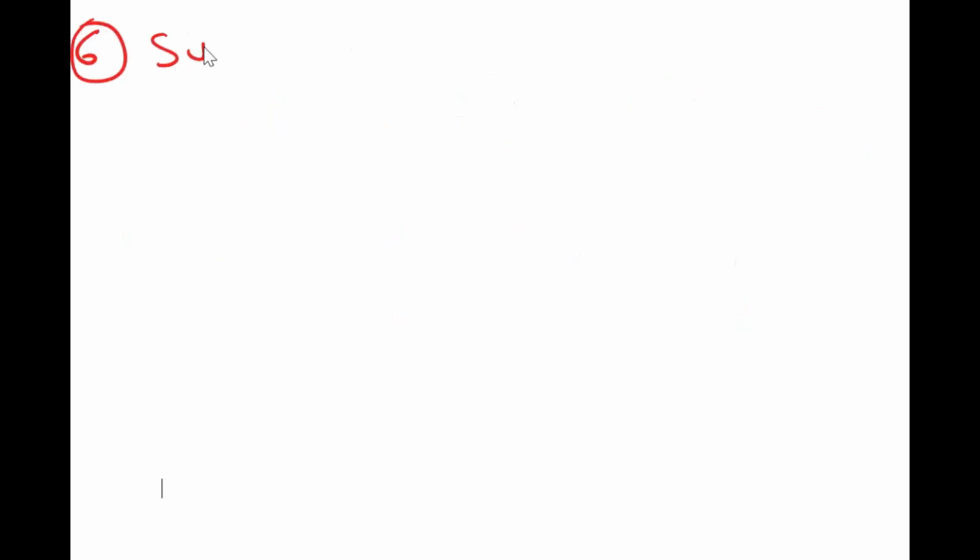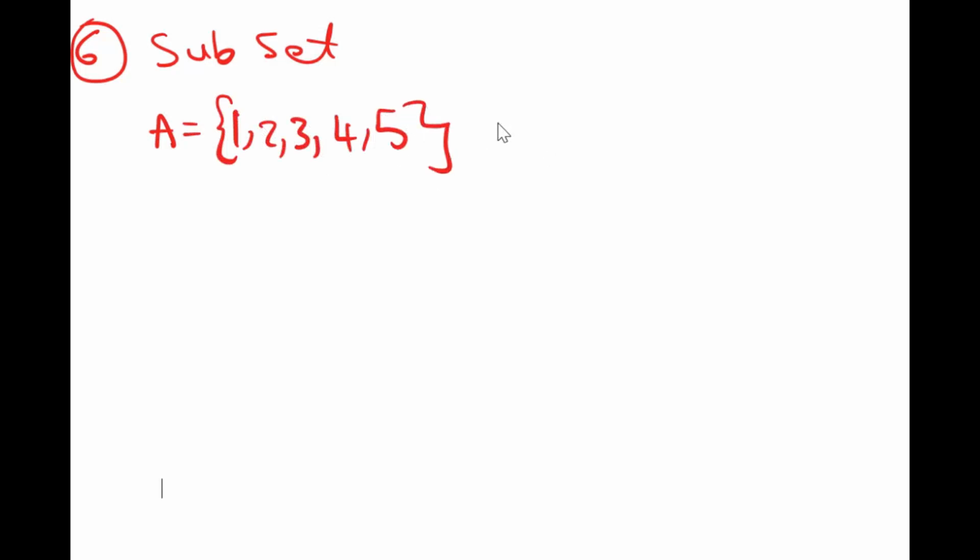Subsets. If I have A to be a set of numbers {1, 2, 3, 4, 5}, and B now to be a set of numbers {1, 2, 3}.